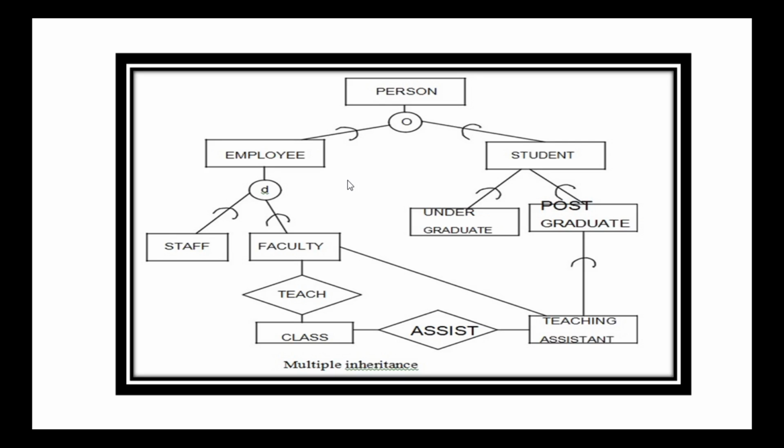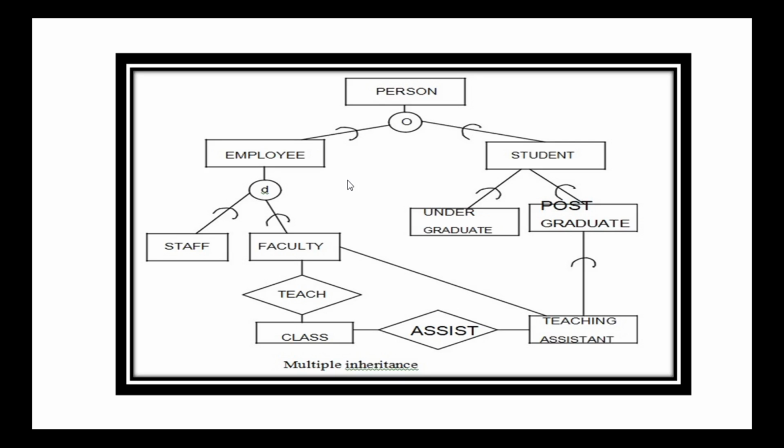Student is again an entity supertype, from which we derive two entity subtypes, undergraduate and postgraduate. Some of the postgraduate entities also work as teaching assistant.